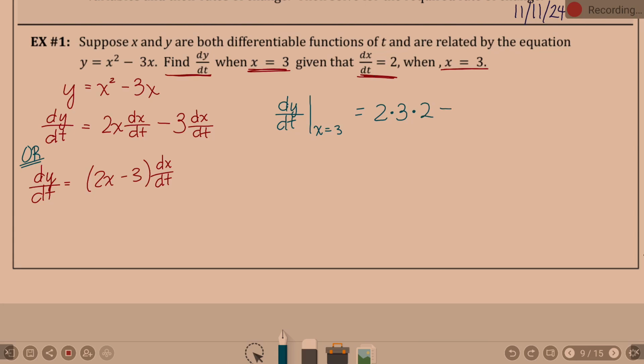Minus 3 times dx/dt, so 3 times 2. Do the math. 6. So dy/dt when x equals 3 is equivalent to 6.